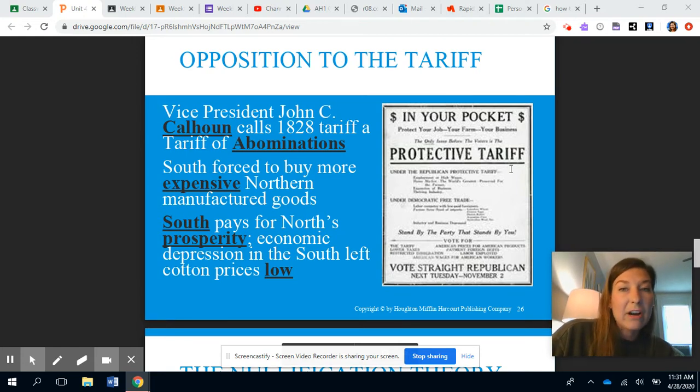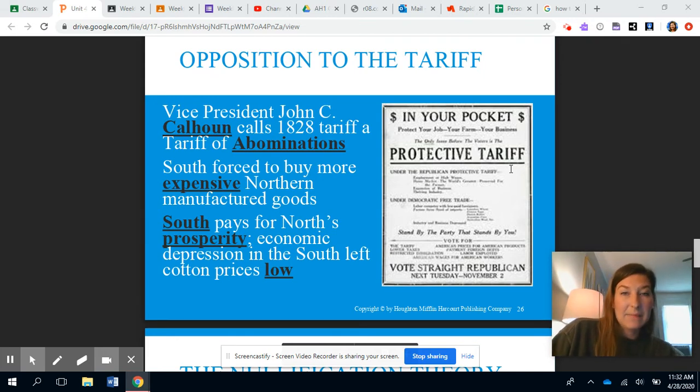Now, in order for agriculture to work, you need the manufactured products so that you can actually continue to farm your land at a better rate so that you produce more cotton. So all of the farm equipment that you need, that is produced in the North. In order to buy it, you want to get the cheapest price possible. So using that information, let's talk about what's happening in 1828.